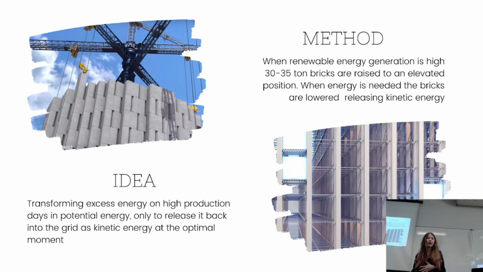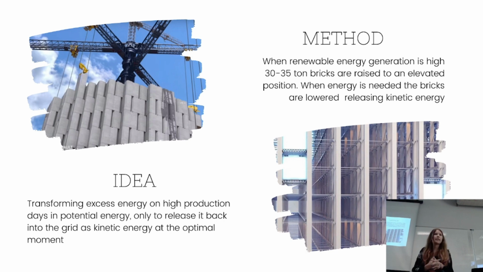And here is the way that they do this storage solution. The main idea is to transform the excess energy on high production days into potential energy. Like I said, wind energy has some moments of the day and some days that it produces a lot of wind, the velocity is really high, and other days that it is close to none.